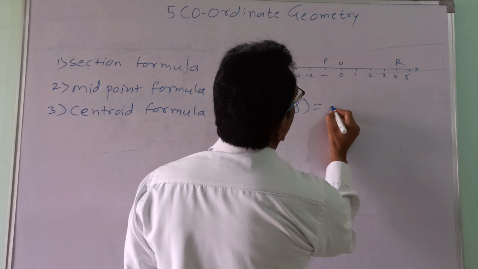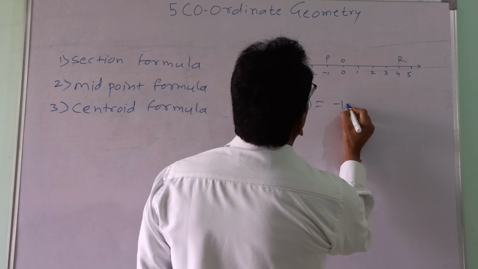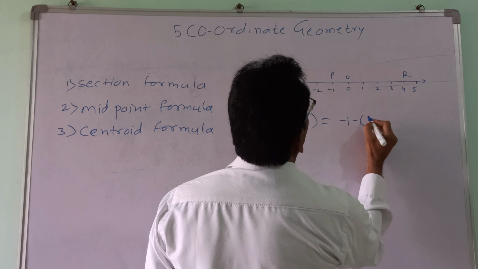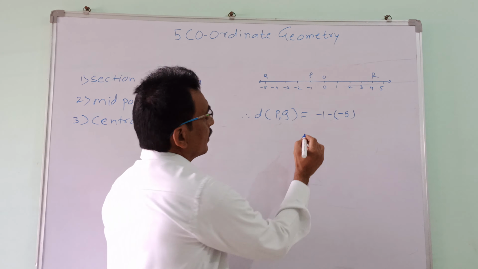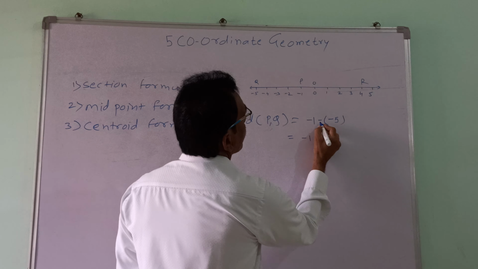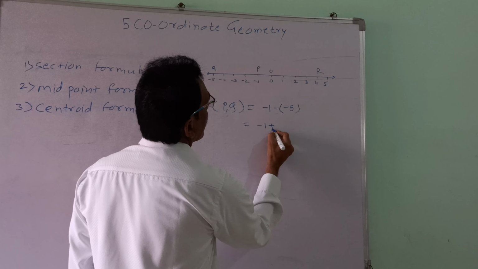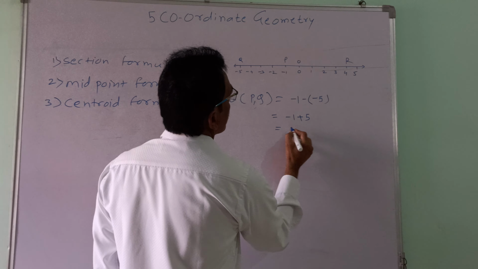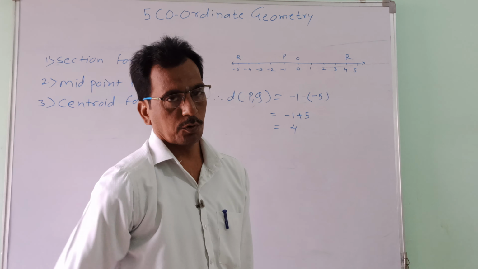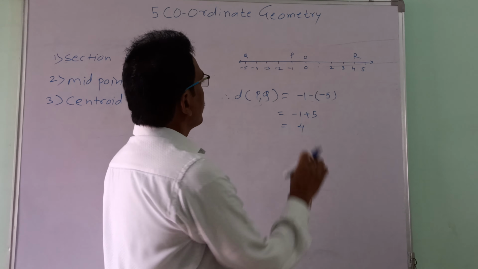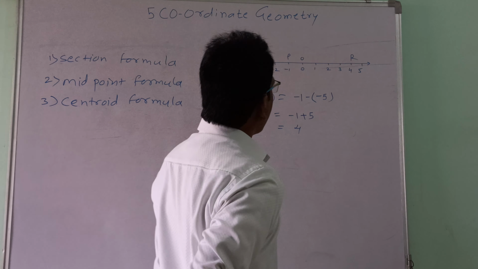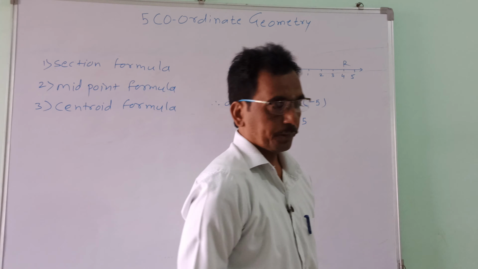So we write here -1 minus in bracket -5. Solve the bracket. -1 minus becomes plus 5, which is equal to 4. 5 minus 1 is 4. Means the distance between these 2 points P and Q is 4.